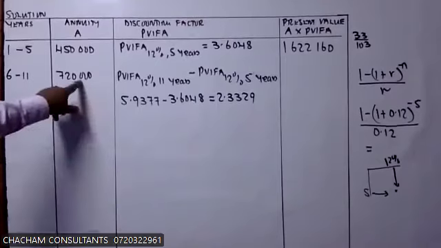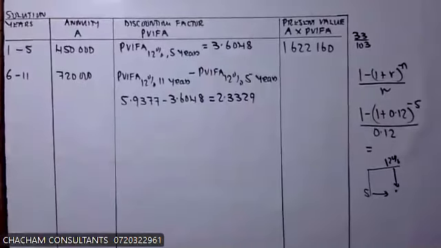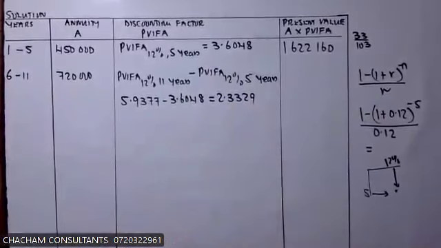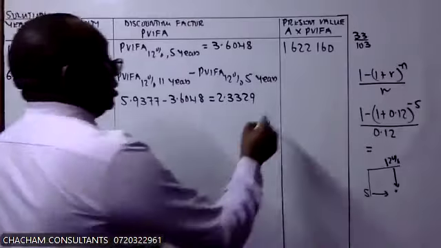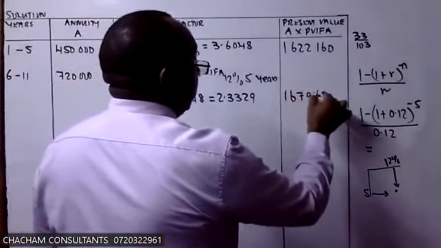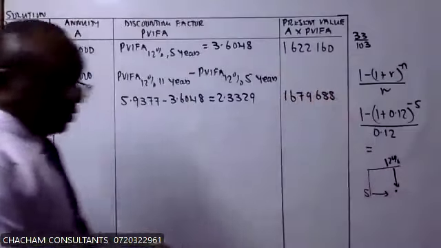So now multiply this 720. Multiply your 720 by this one. The answer is 1,679,688.